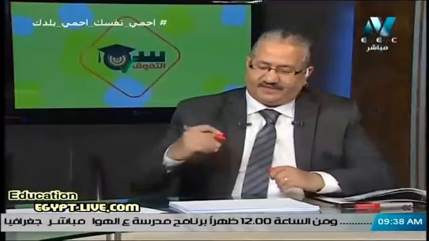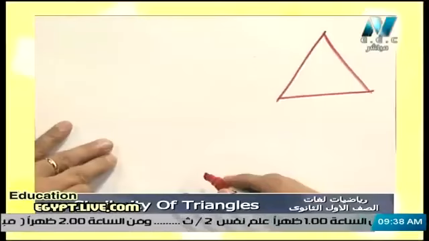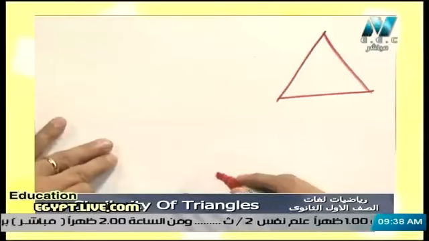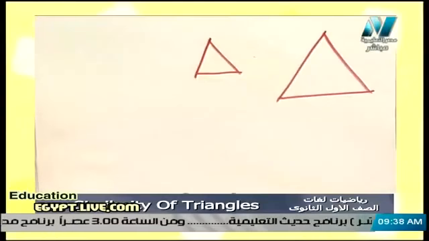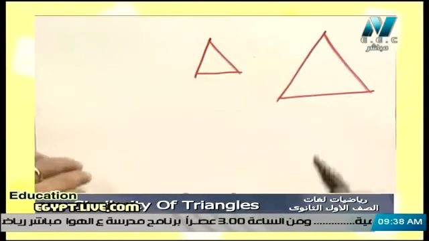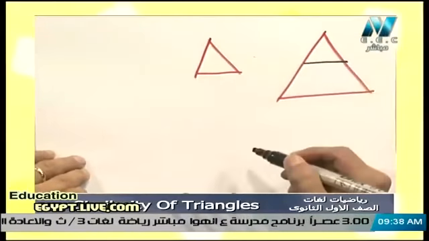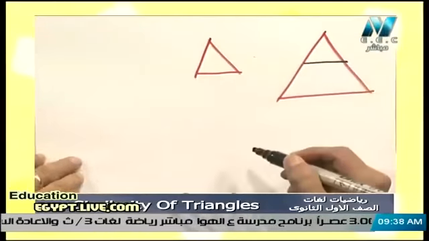Okay. We have again another case. We have two triangles, with parallelism. If we have a triangle like that, and a triangle like that, and we have a parallel line here intersecting the two sides, A, B, C here and X, Y here, and they are parallel.